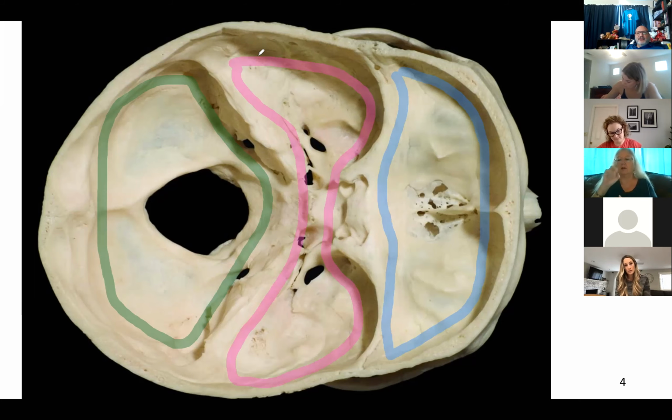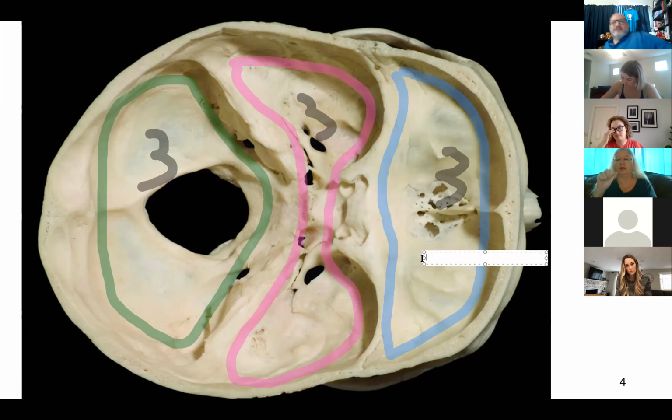And the other nice thing about these is that each one is comprised of three different bones. What are the three bones that form the anterior cranial fossa? What bones do you see as you look in here?